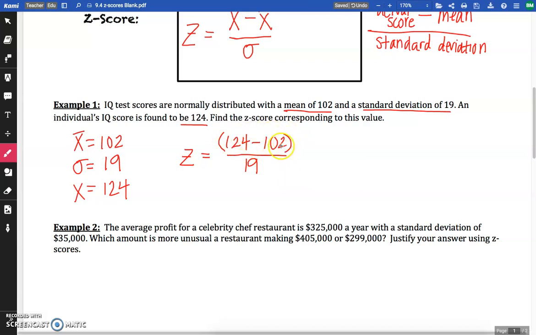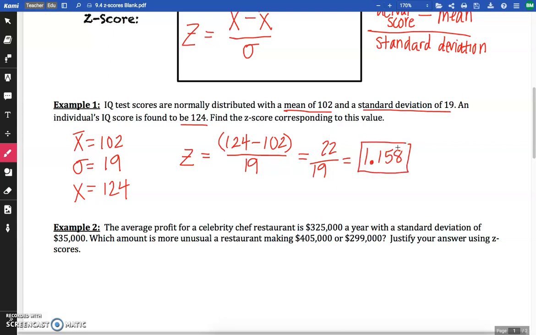You need to do the subtraction first and then divide. So if you want to type it at once, you need parentheses, or you can do 124 minus 102, click enter, and then click divided by 19. So when I do the subtraction, I get 22 divided by 19 equals 1.158.